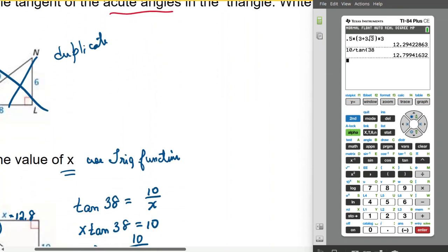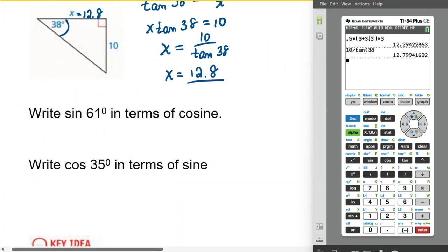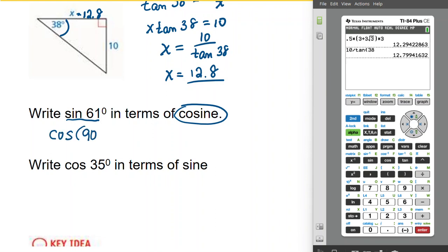So we talk about 90 minus the angle. We started with sine, and to change it to cosine, I put 90 minus the angle that was given, 61, and we do the subtraction, and that would be the cosine of 28 degrees.